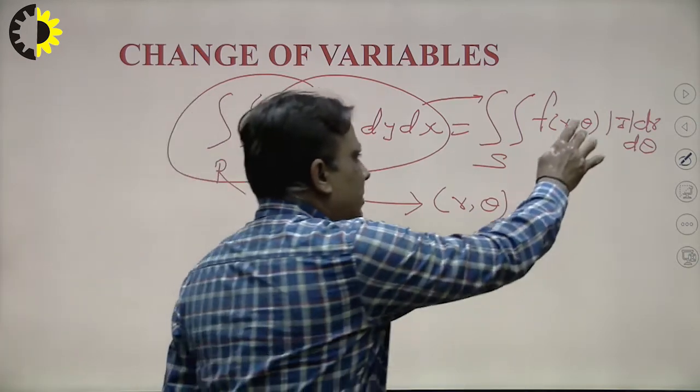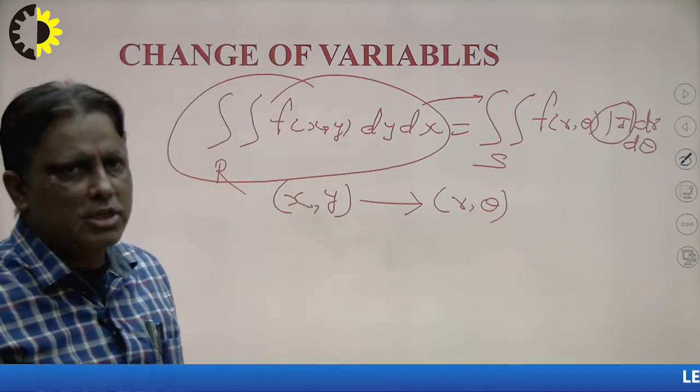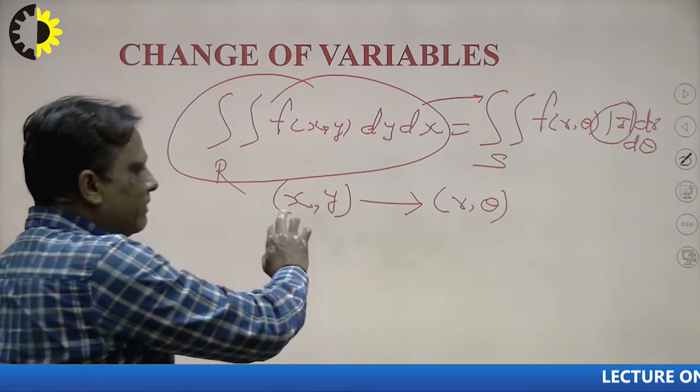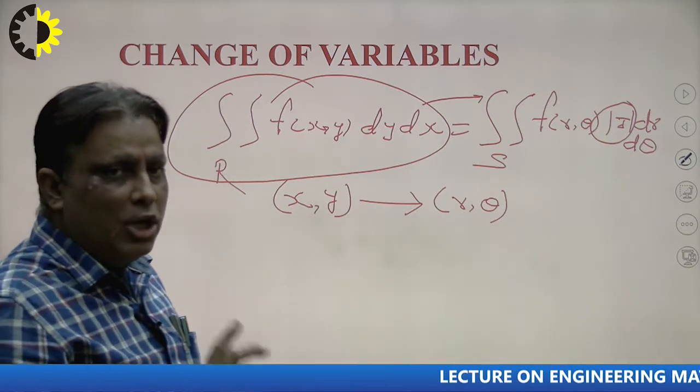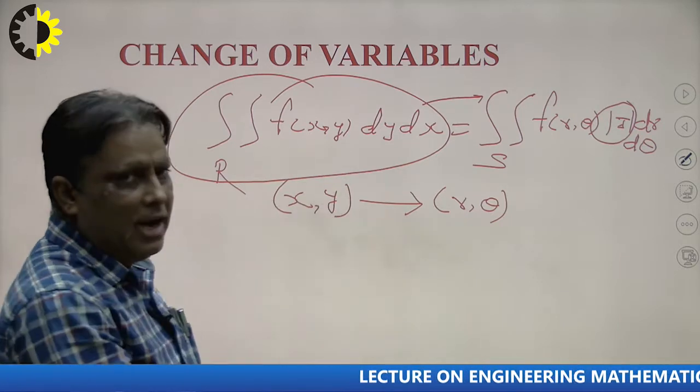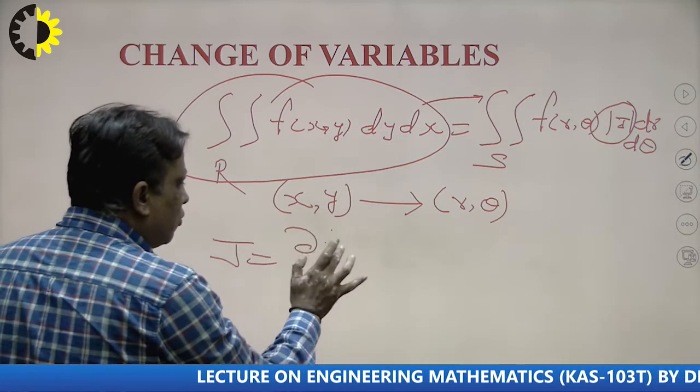Then what is the Jacobian? In the previous lecture I explained how to calculate the Jacobian of a function. Suppose I want to change x, y into r, theta. First I evaluate the values of x and y in terms of r and theta, and then calculate the Jacobian with the formula, del(x, y) over del(r, theta).